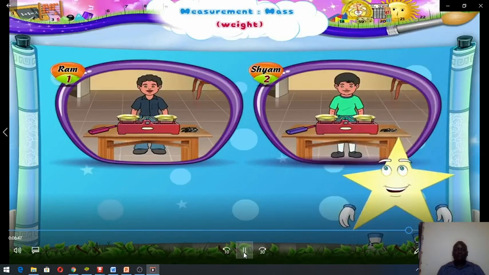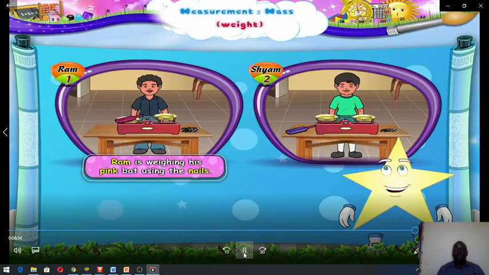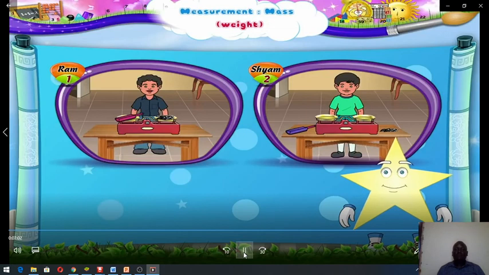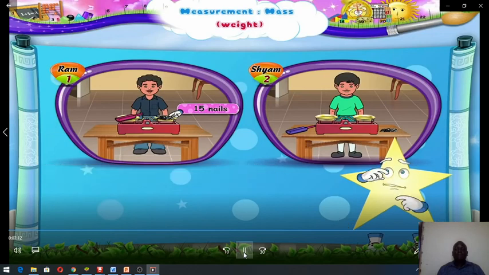Starry, now look at the picture given and answer the questions. Ram is weighing his pink bat using the nails. Can you count the number of nails, Starry? Okay, there are 15 nails shown in picture 1. So the weight of Ram's bat is 15 nails. What about Shyam's blue bat, Starry?